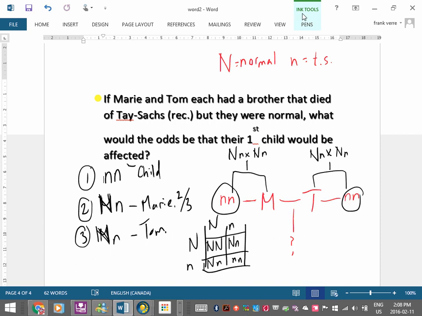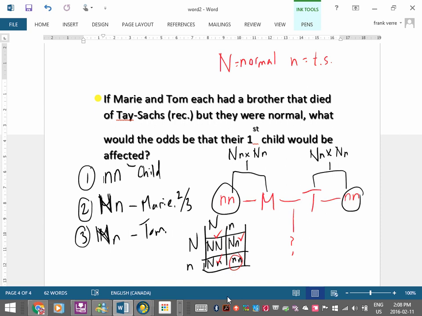Can Marie be big N, big N? She can be, right? Can she be big N, little n? Yes. Can she be little n, little n? No. But isn't it 1 in 4? No, because it's not possible. If Marie is alive, and old enough to have a baby, it tells you that she cannot be little n, little n.